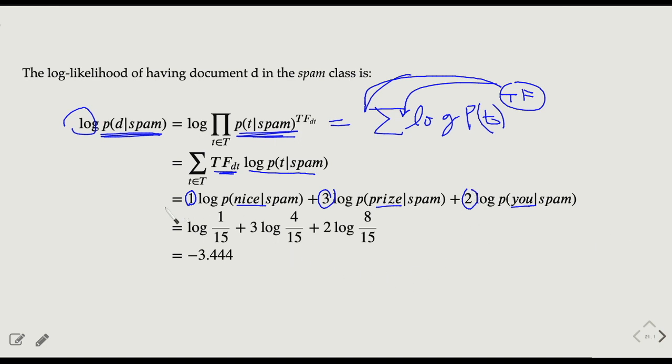So what we are going to do is 1 times the log likelihood for nice, 3 times the log likelihood of price, and 2 times the log likelihood of you. Okay, and in the end, we can estimate the log likelihood of a spam email to be in this specific email configuration with the terms nice, 3 times price, and 2 times you. Okay, so this is for the spam.